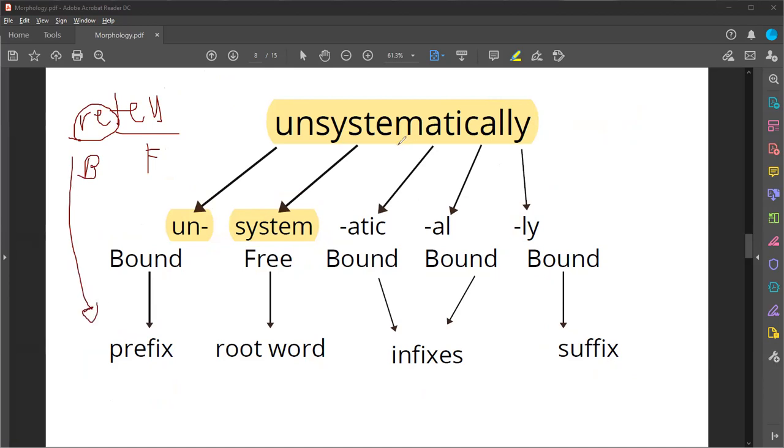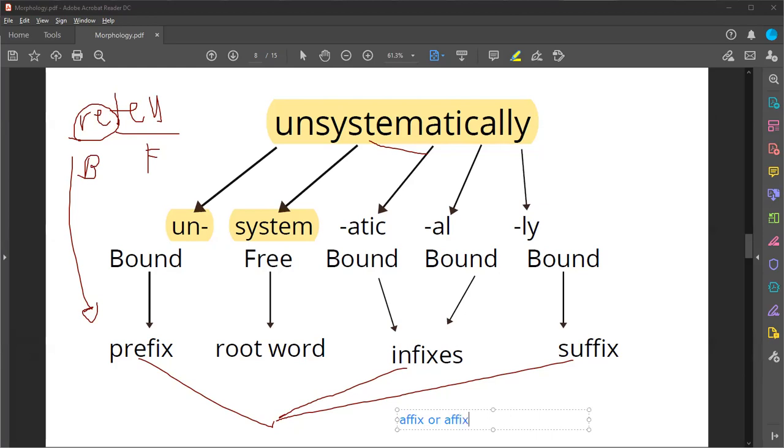And how about this one? We have the affixes, class. The general term of these three we call affix or affixes. Just like that one, okay? Please take note of that.